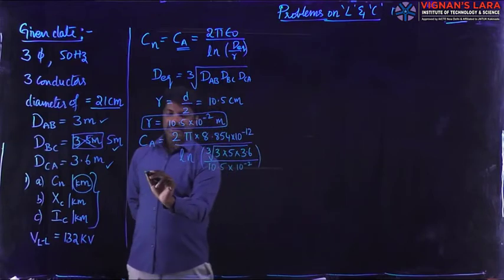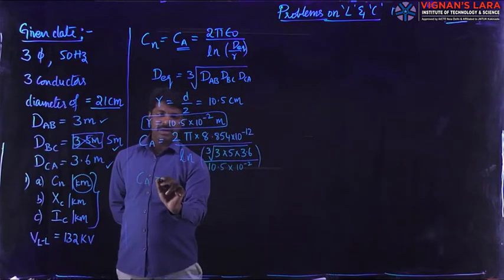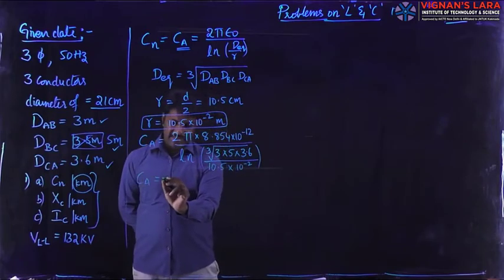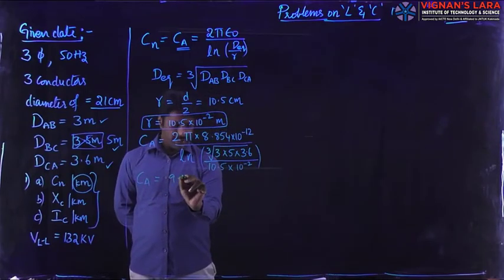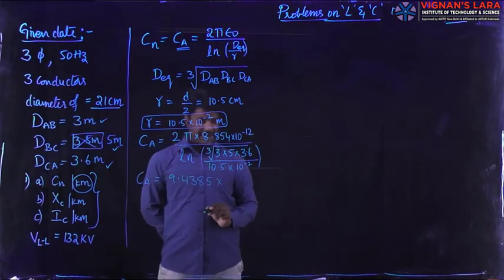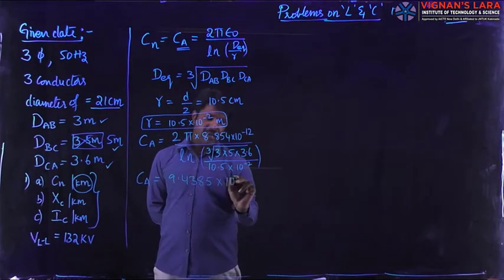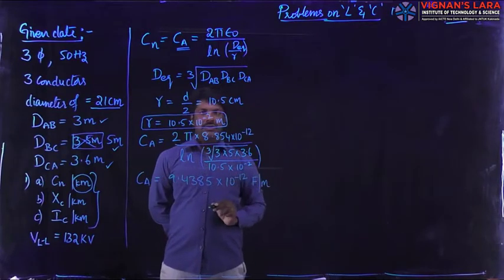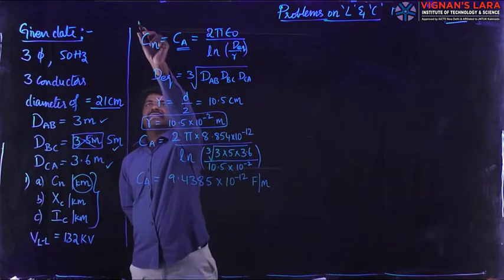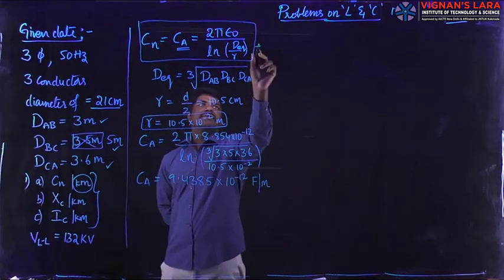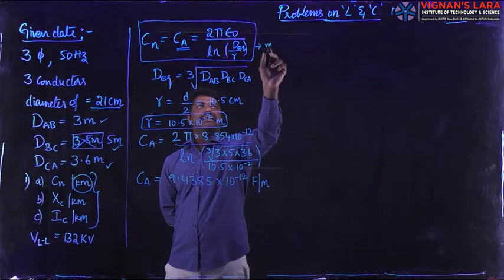By calculating 2 pi epsilon naught by ln of D by R, we get the magnitude of this capacitance per conductor as 9.4385 into 10 power minus 12 farad per meter. You can cross check this in your calculator. The formula itself was derived for 1 meter length.